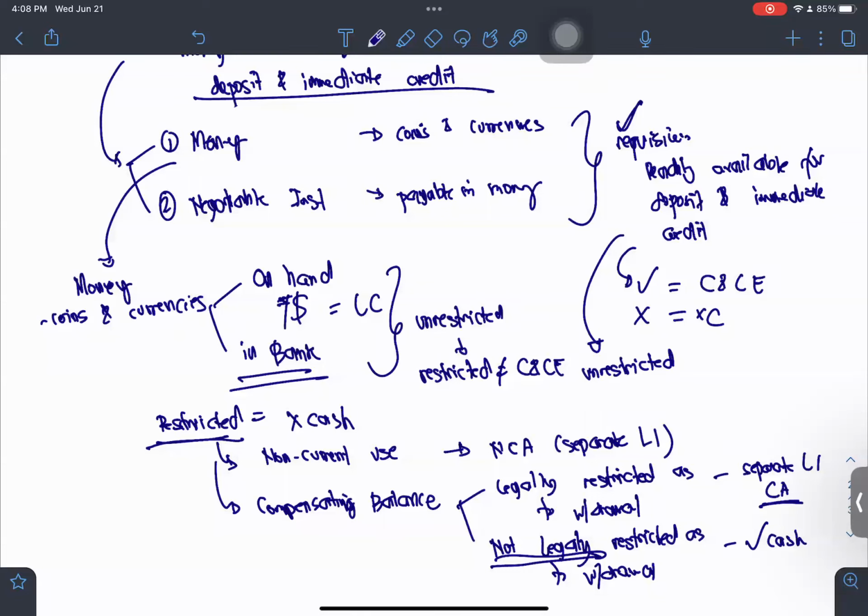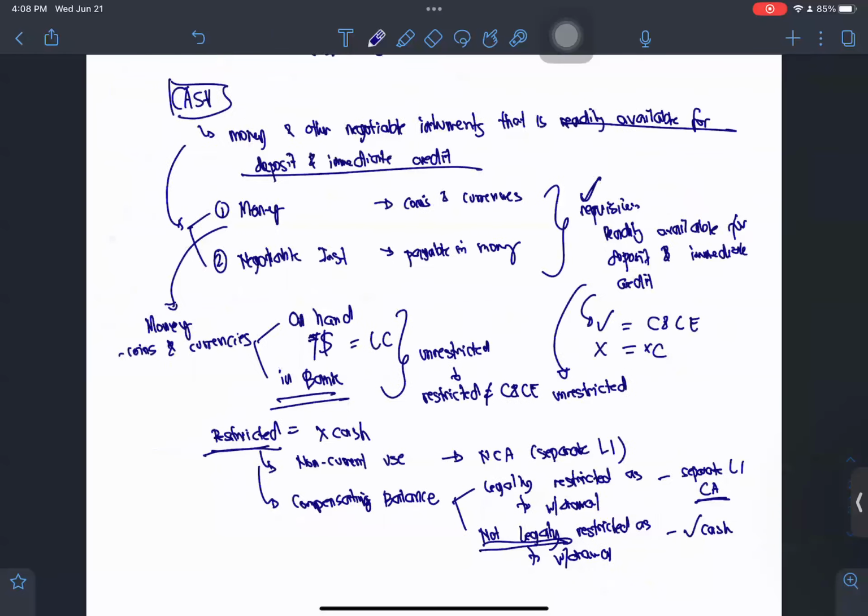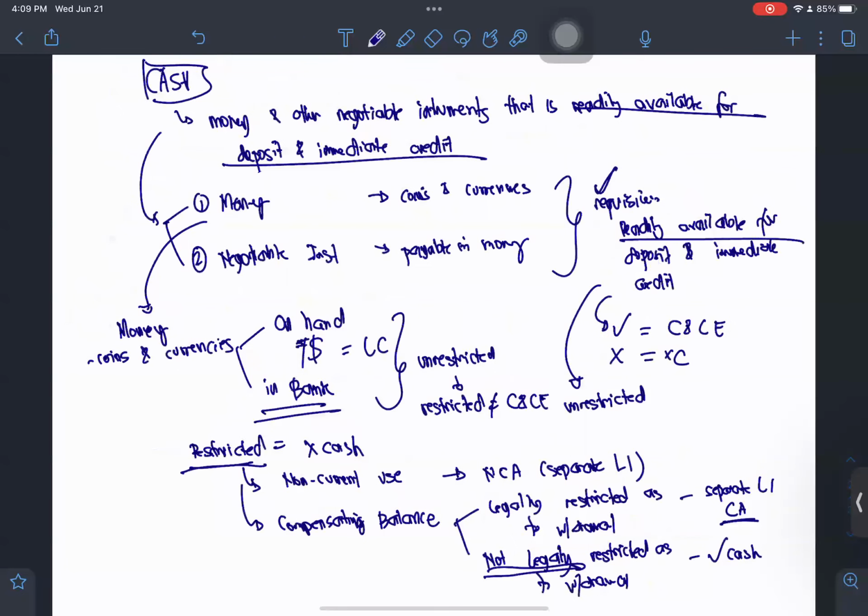So our first issue for your cash is whether it is readily available for deposit and immediate credit. Once it is readily available for deposit and immediate credit, it means it is unrestricted. Once it is unrestricted, it can be part of your cash and cash equivalents.